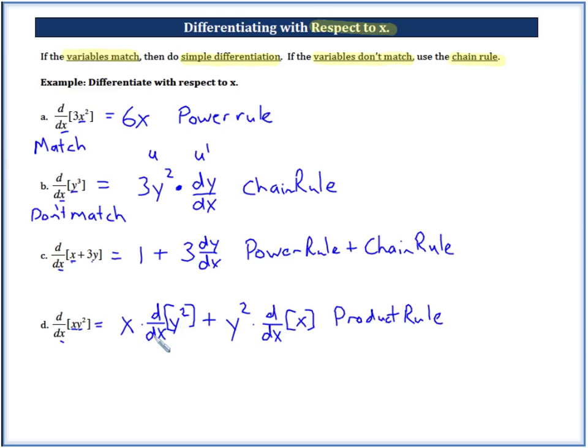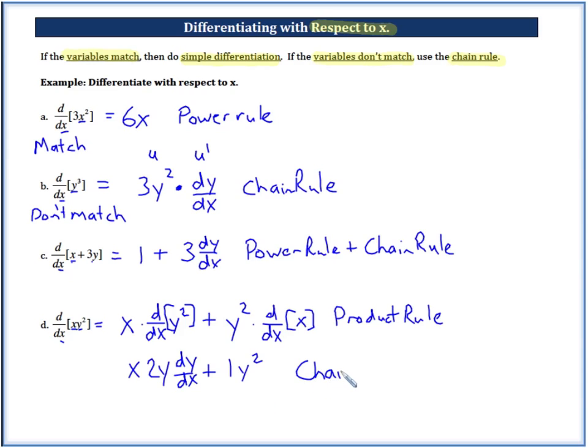So let's go ahead and find these derivatives. So the derivative with respect to x of y squared, well, it's going to be 2y dy dx. Okay, because that y didn't match right there. So we get x times 2y dy dx plus, let's see, what's the derivative of x with respect to x? Well, that's just 1, so plus 1 times y squared.